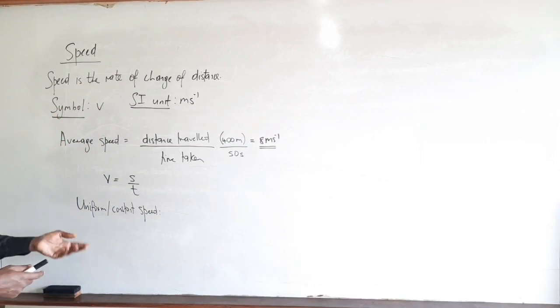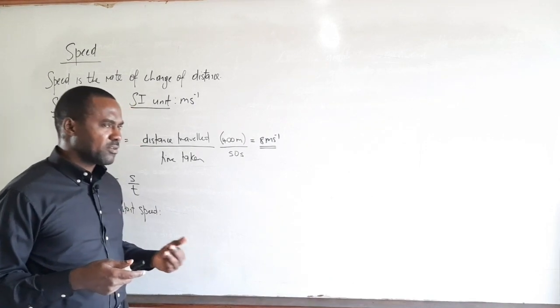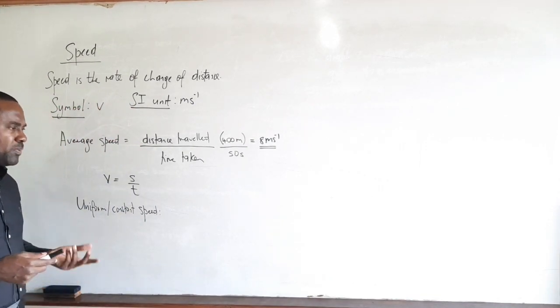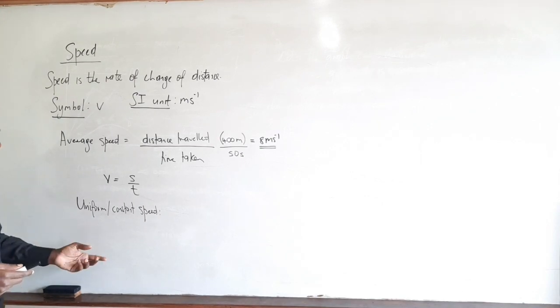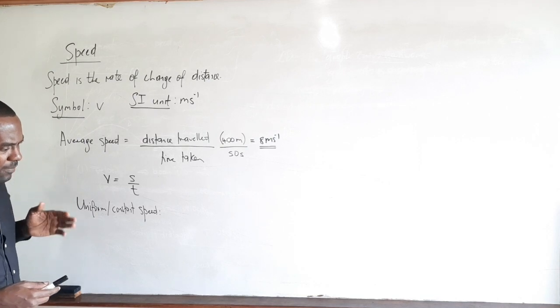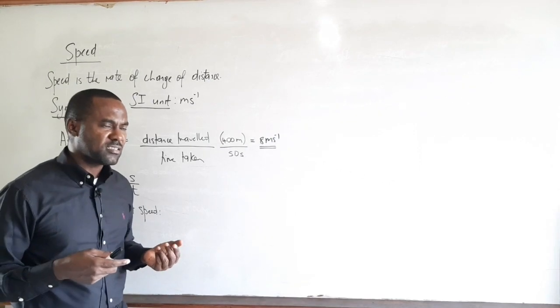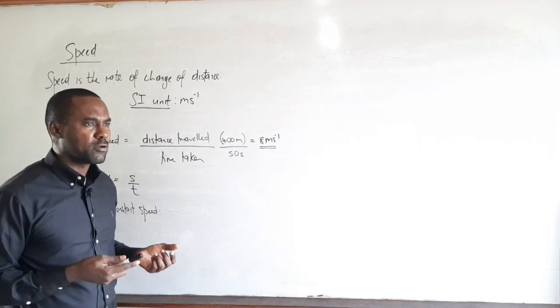Now, when we speak about uniform or constant speed, as the expression implies, it means speed which is not changing, right? So when we speak about uniform or constant speed, we're talking about a body which is basically covering equal distances in a given time period, right?